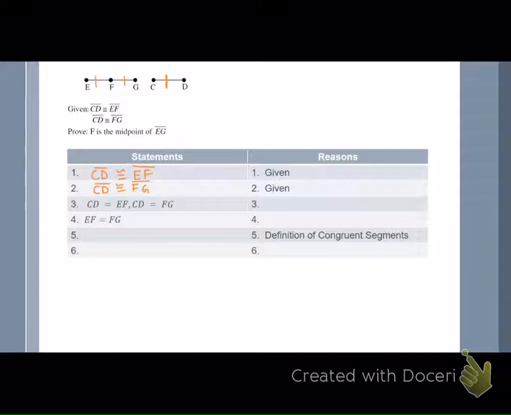So what do we use when we switch from congruence to equivalence, Ian? We've done it a couple times now, so you can look at other proofs or you can look at the front page where the definitions are. Is it segment addition? You're not adding anything. Segment addition postulate means you're adding things.